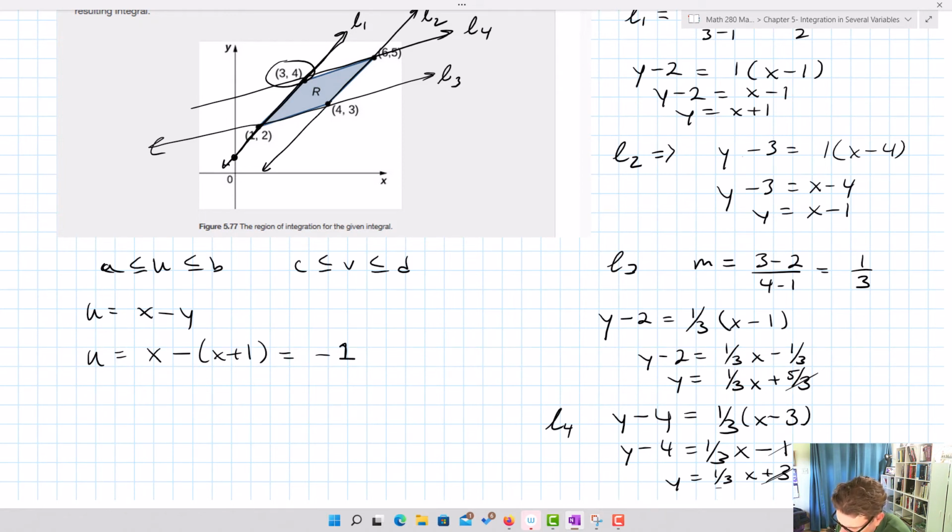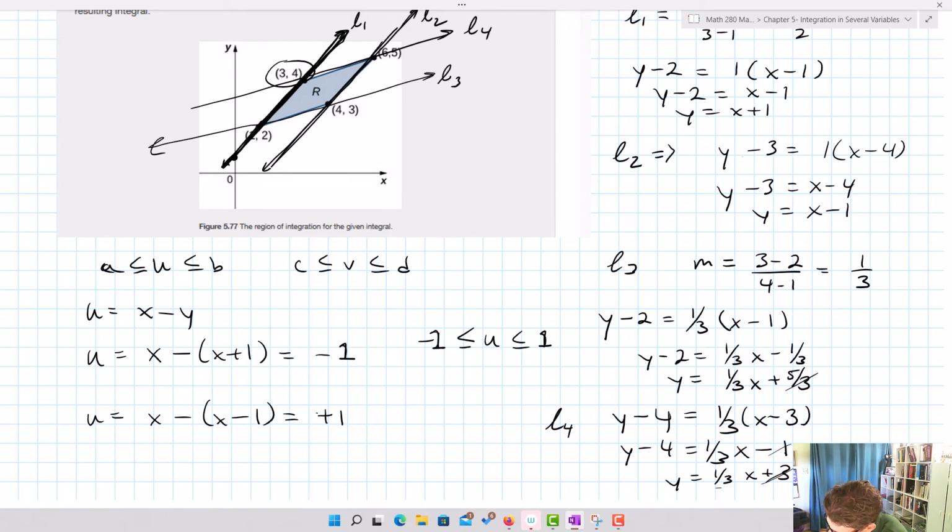So for this line, we're going to get u equals negative 1. Then for the other line, u equals x minus (x minus 1), which equals plus 1. So u is going to be bounded by negative 1 to 1.